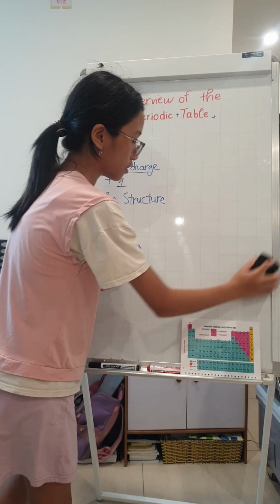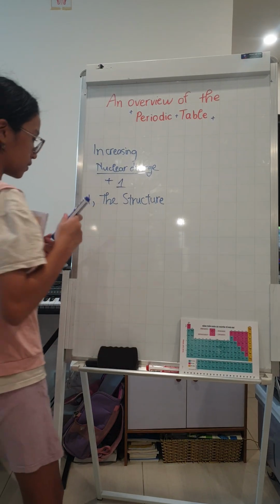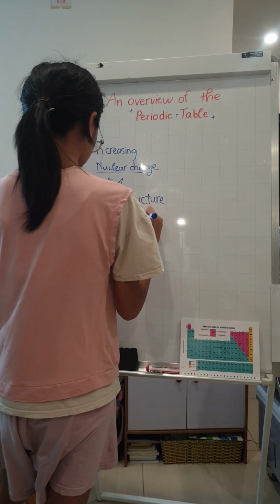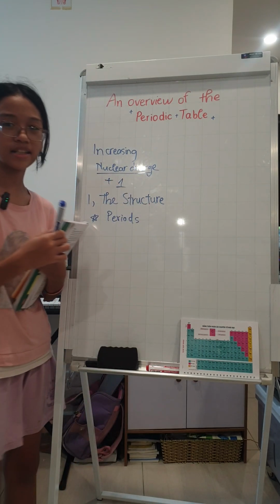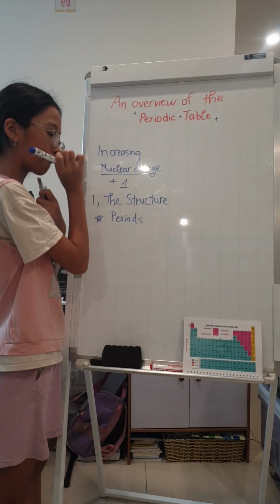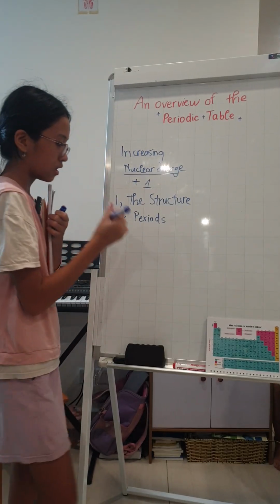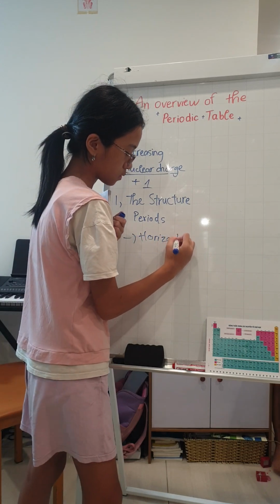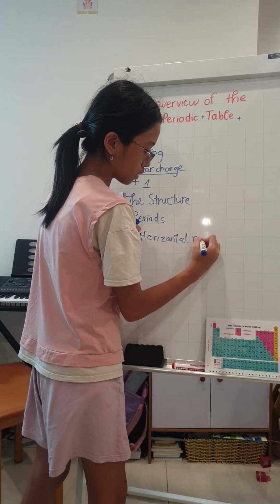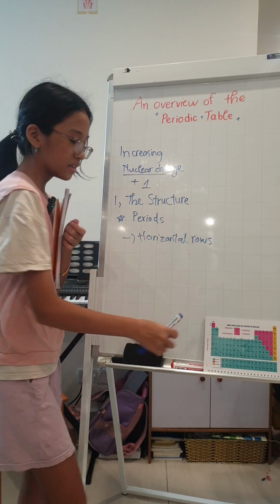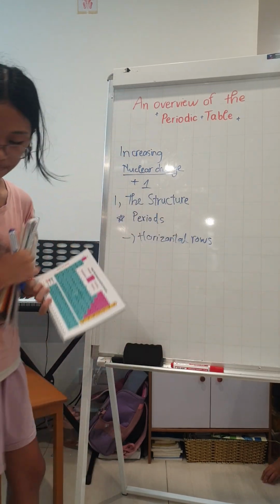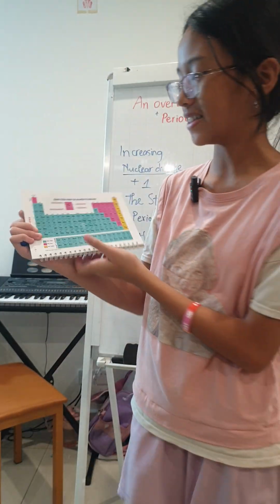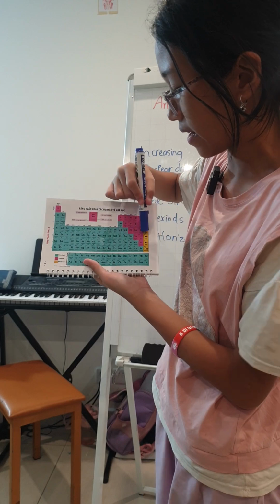The second thing about the structure is the periods. So what are periods in the periodic table? Periods are the horizontal rows. When you say horizontal rows, that means here. This is a mini size of the periodic table, and you see these are the periods.